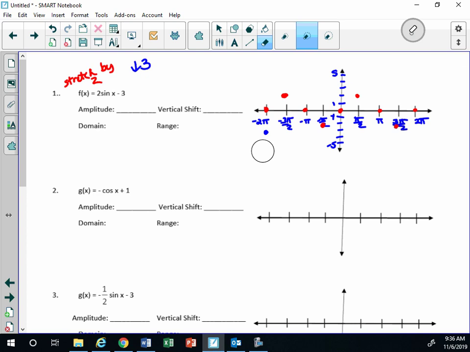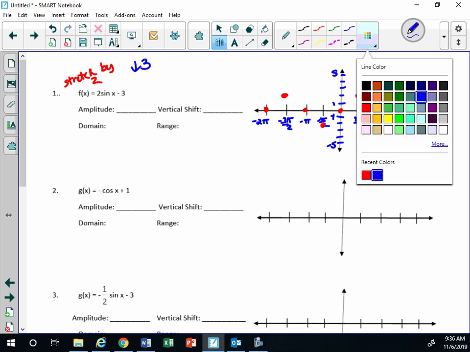And guys, I'm going to use a different color since I labeled in blue. Let's go 3.